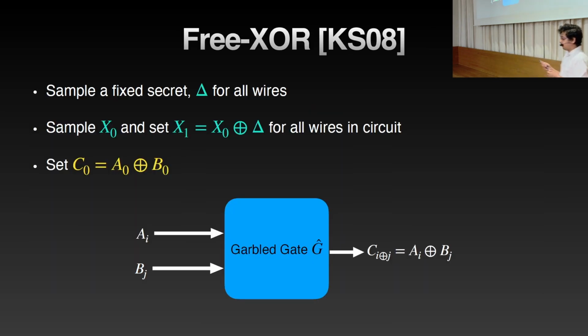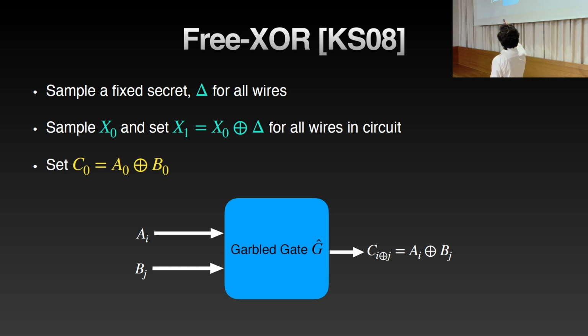In the context of circuits, we know that we can represent any Boolean circuit in just XOR and AND gates. And Kolesnikov and Schneider showed a way to garble XOR gates for free, which means that you need no garbled table. You can just follow this technique of sampling a secret delta, which is the same for the entire circuit and not revealed to the evaluator at any point.